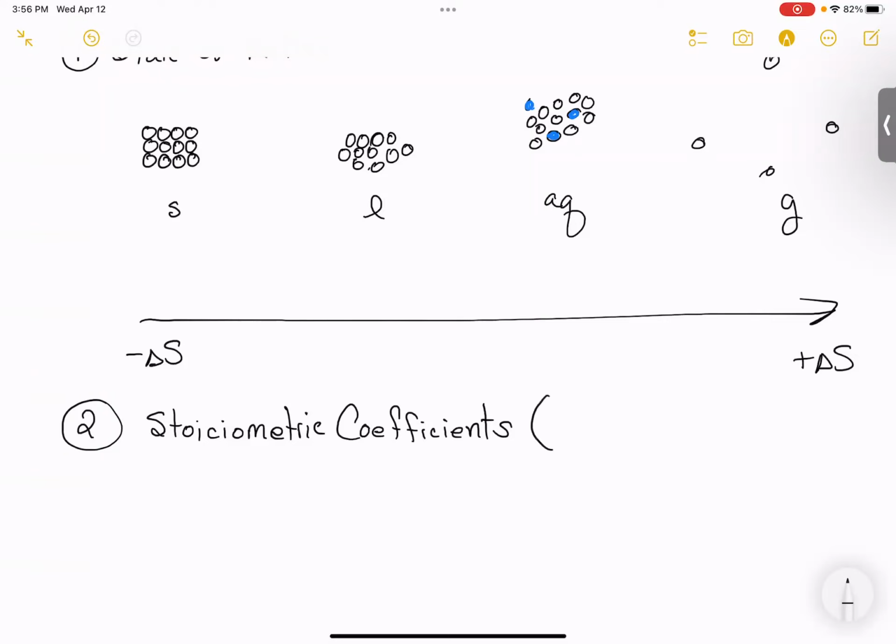By the way, just as a note, I only do this one if I cannot tell the entropy based off of state.